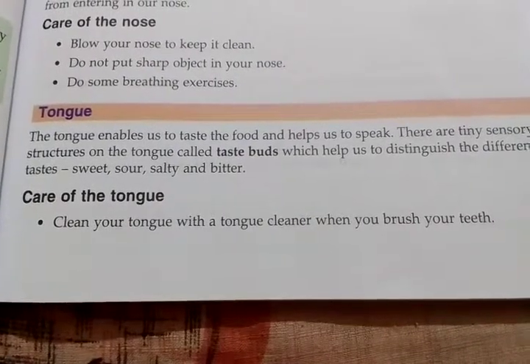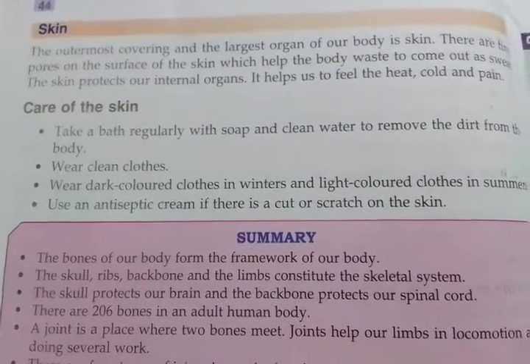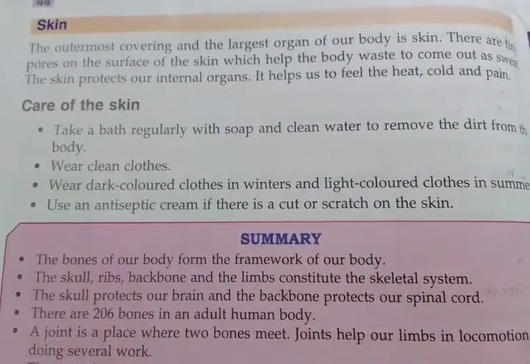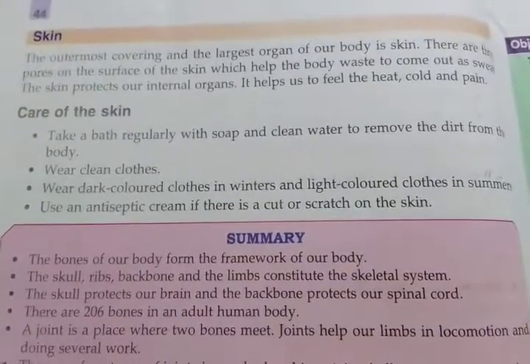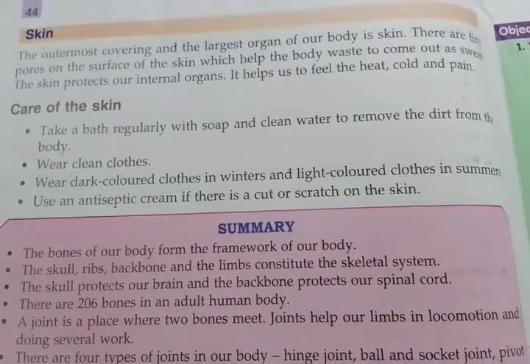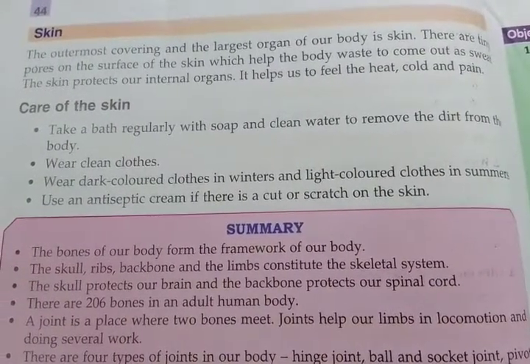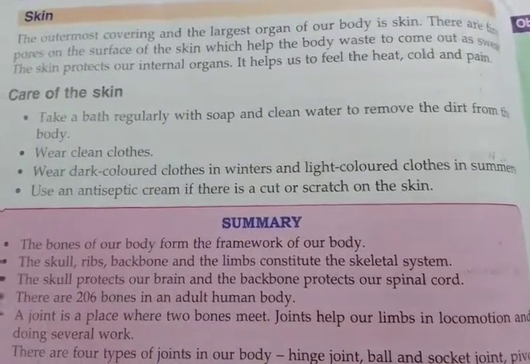So, skin is the outermost covering and the largest organ of our body. And there are pores on the surface of the skin which help the body waste to come out as sweat. The skin protects our internal organs. To take care of the skin, take a bath regularly with soap and clean water to remove the dirt from the body.